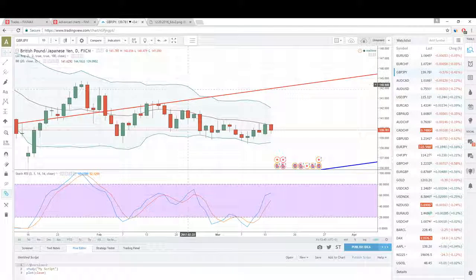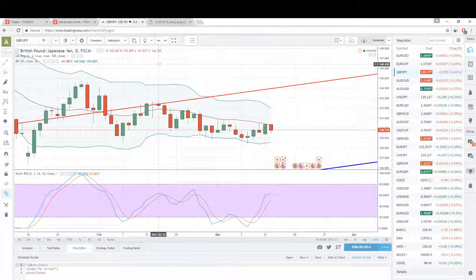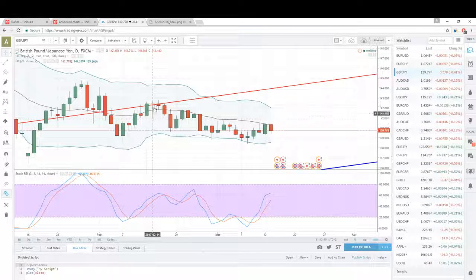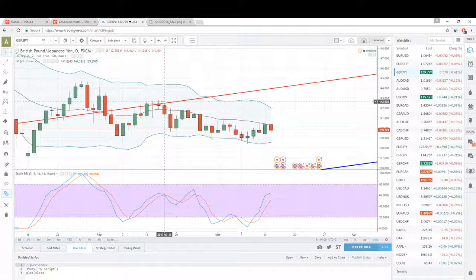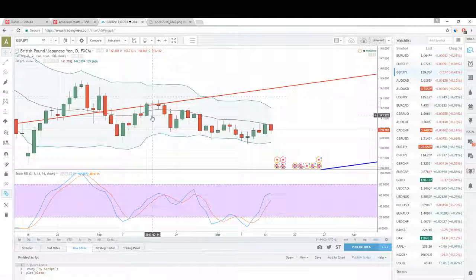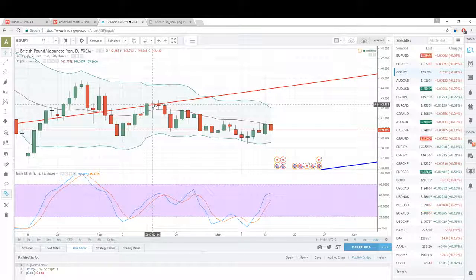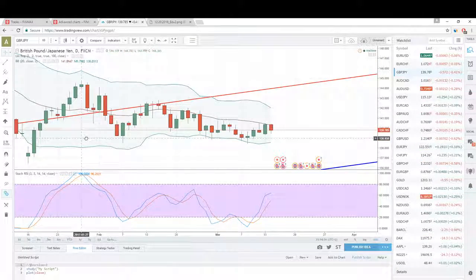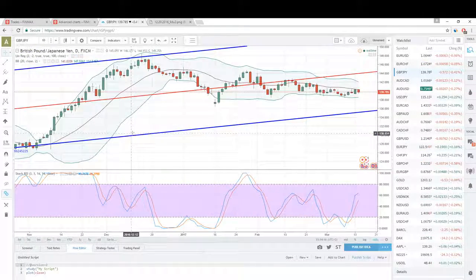If there is a difference, it's really small. We have the long lower shadow, I'm sorry, and a really short upper shadow. So it means that the price was moving within these ranges, but the candle opened and closed at the same position.